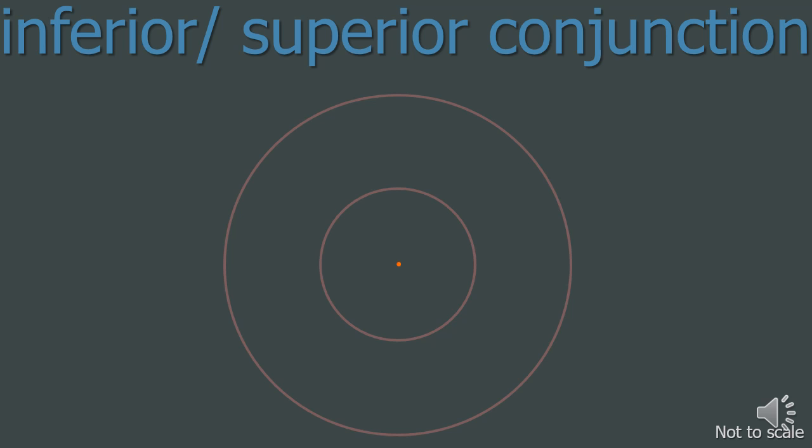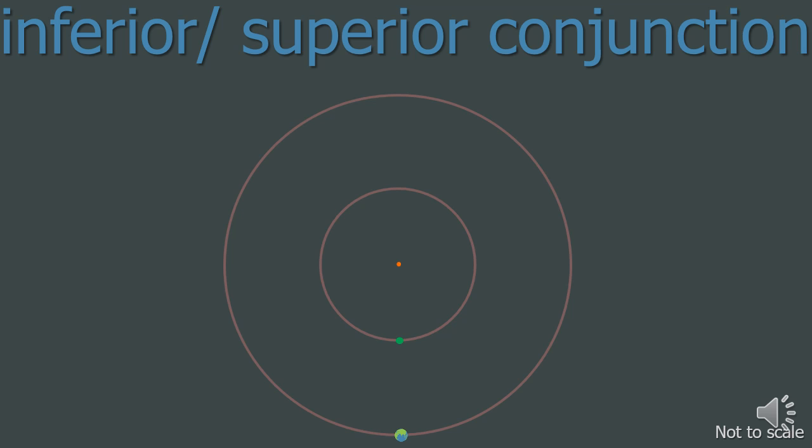Inferior and superior conjunction. So conjunction is where the Sun, Earth and another planet line up in a perfect line. Inferior and superior conjunction can only happen to the inferior planets, so Mercury and Venus. If the Earth is here, then to be in inferior conjunction, the inferior planet will have to be between the Earth and the Sun, so here.